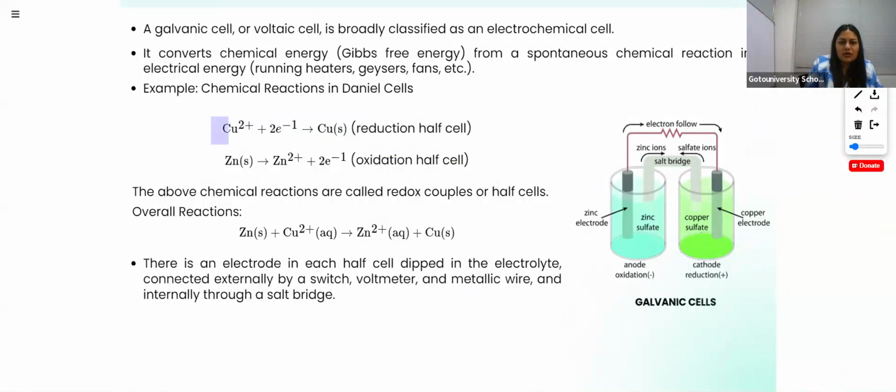As you can see here, copper first has two positive charge, then it gains electrons and attains a stable, neutral solid state, whereas zinc, which was neutral first, loses its two electrons. These two chemical reactions are called redox couple reactions, or half cell reactions.